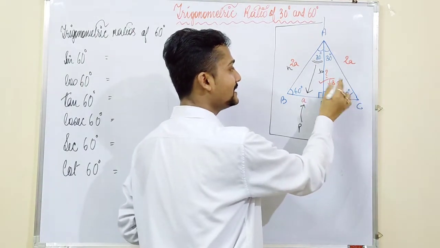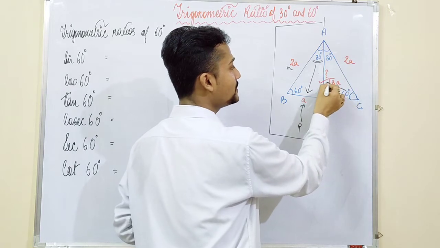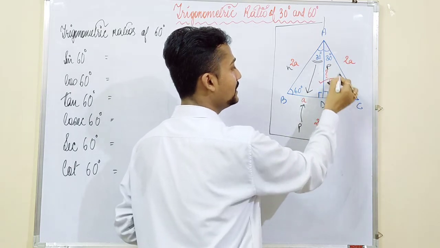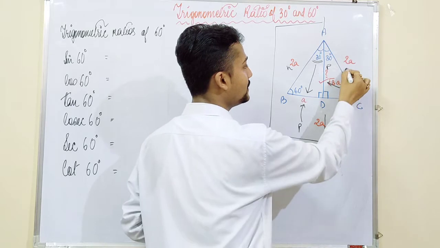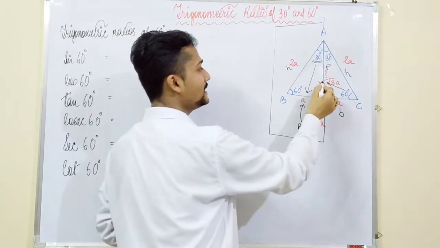Now theta is 60. That means the opposite side will become P, this will become B and this will become H. Opposite of 60 is AD.